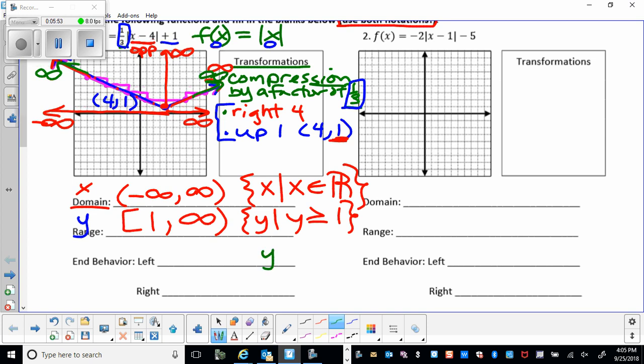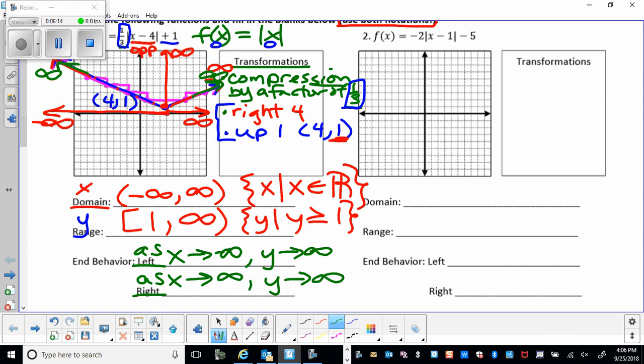The y is approaching positive infinity on both ends. One way to say it: on the left, as x approaches negative infinity, y is approaching positive infinity. And to the right, as x approaches positive infinity, y is going to positive infinity.